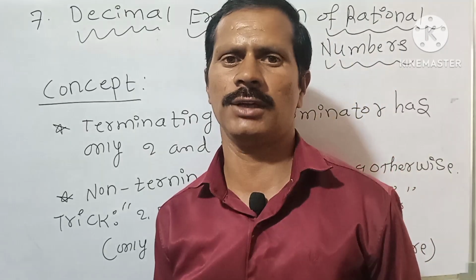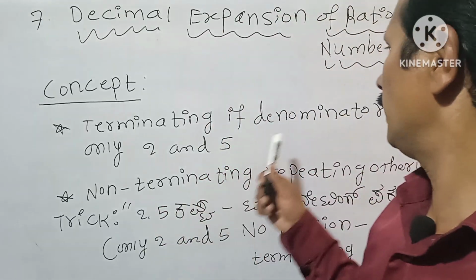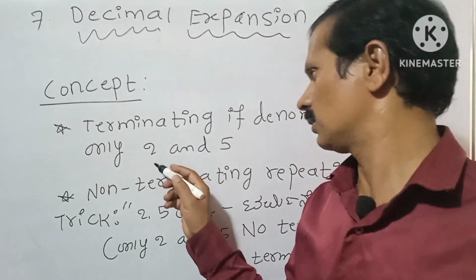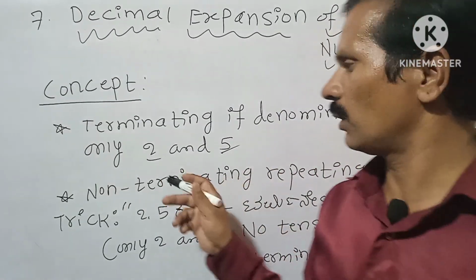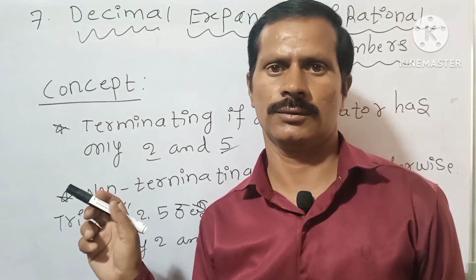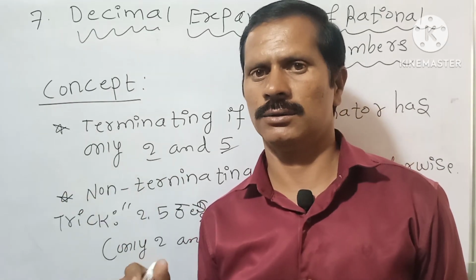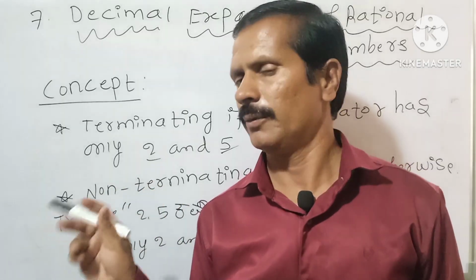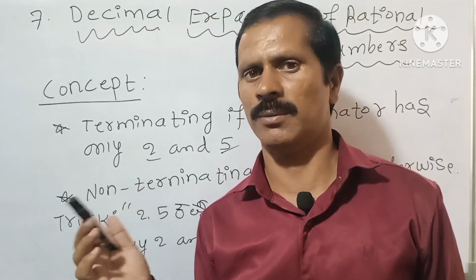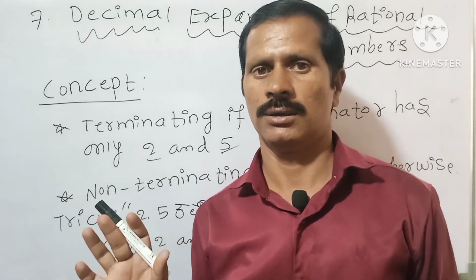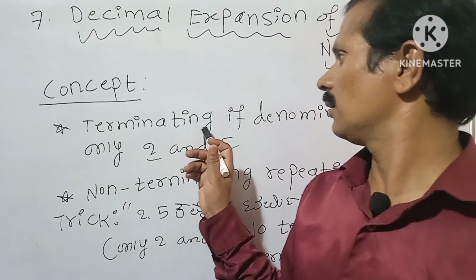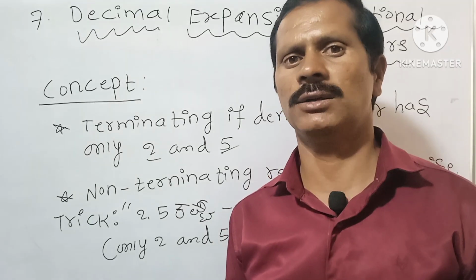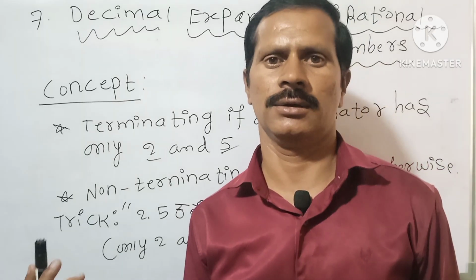For a terminating decimal, the denominator has only the prime factors 2 and 5. If the denominator's factors are only 2 and 5, we consider it terminating; otherwise it is non-terminating repeating.